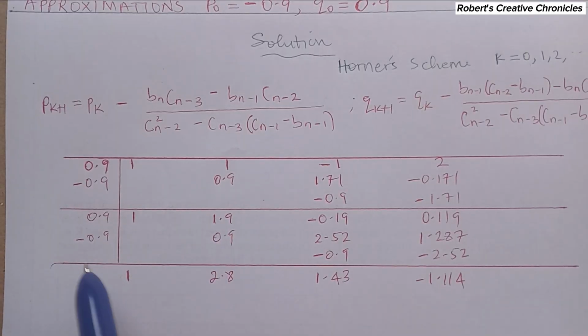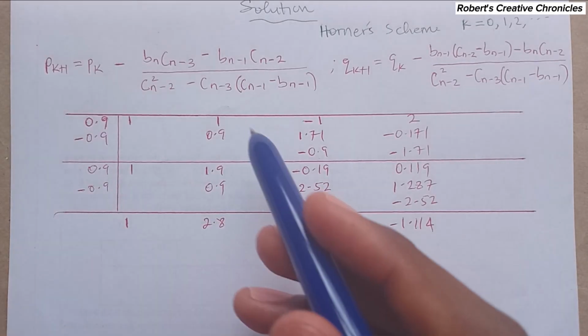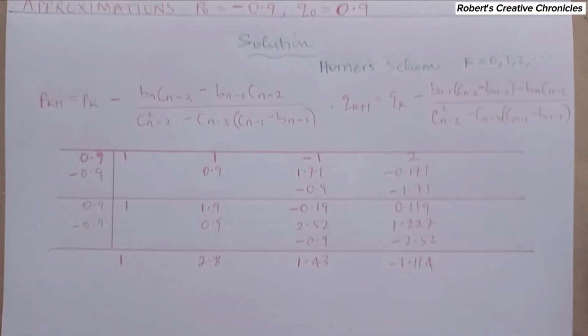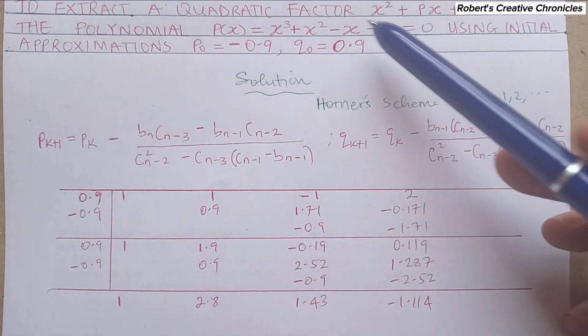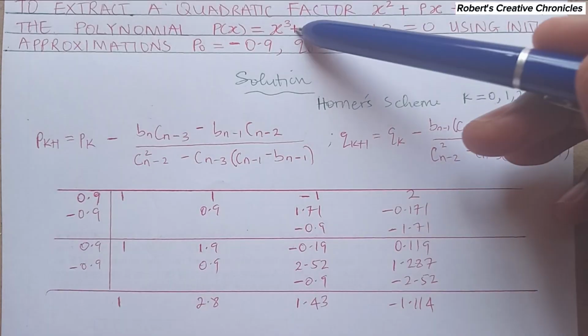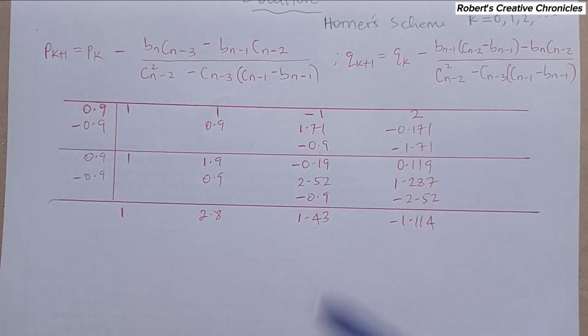Now we will apply these two formulas. From the polynomial, what is n? N is the highest power of this polynomial, which is 3. We are going to substitute k is equals to 0 in this one.